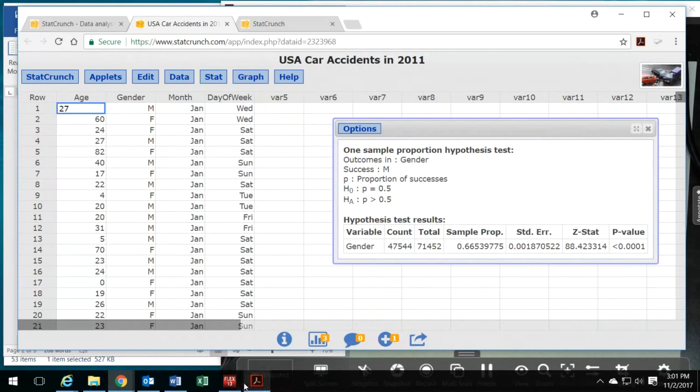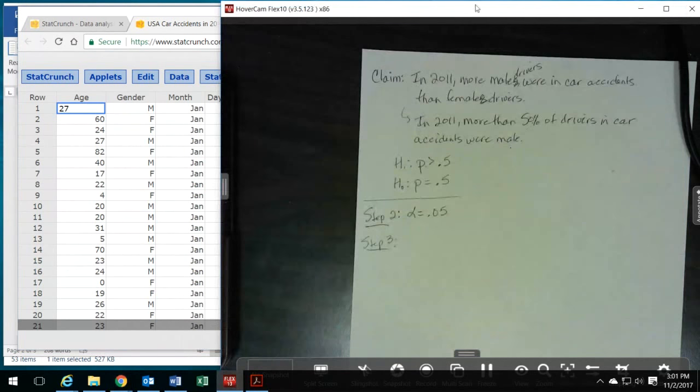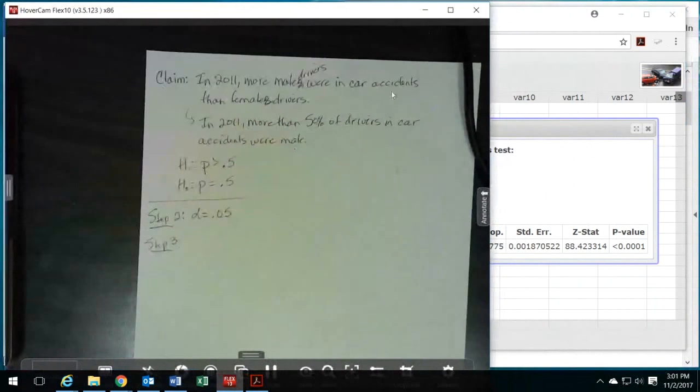Okay, so now we can go back and put all this into our step 3. This would have been a Z0, so our test statistic is right here, 88.42.